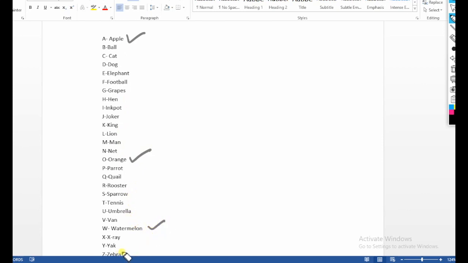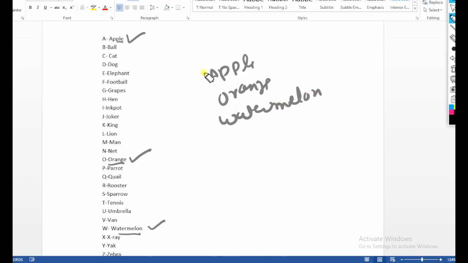These are the same type of variables: apple, orange and watermelon. All three variables tell about fruits.